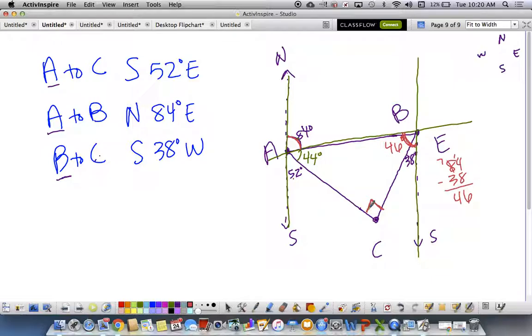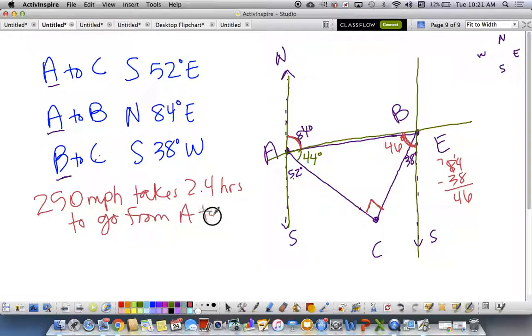A plane flying 250 miles per hour takes 2.4 hours to go from A to B. Find the distance from A to C.